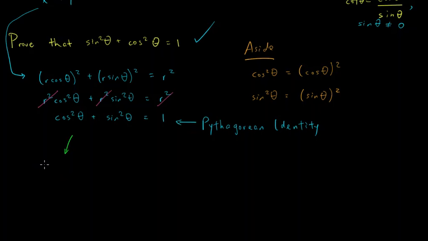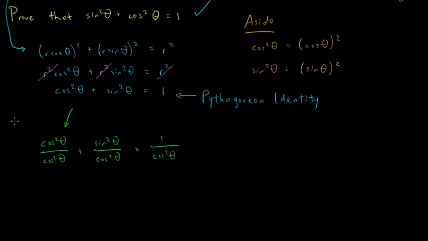If I divide both sides by cosine squared theta, I'm going to get cosine squared theta over cosine squared theta, that's going to be 1, plus sine squared theta over cos squared theta, equals 1 over cosine squared theta. So what I'm doing here is dividing both sides by cosine squared theta. Anything divided by itself is 1.